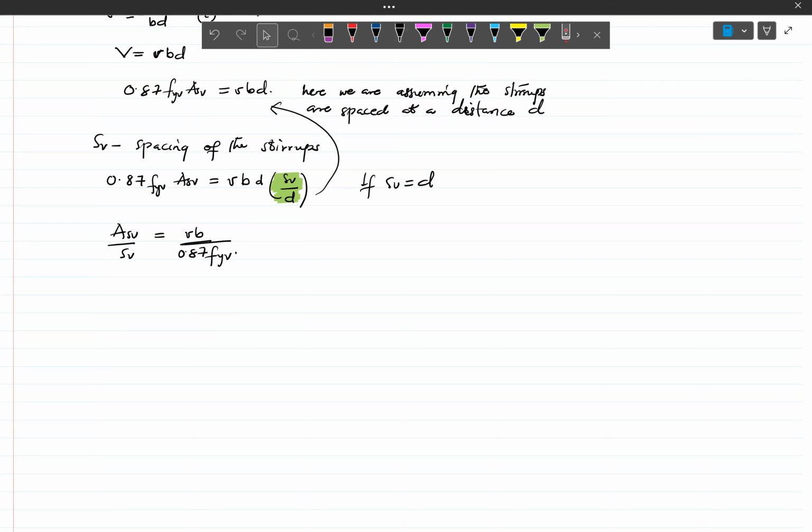All right. So if that is the case, then we need to modify this equation slightly.